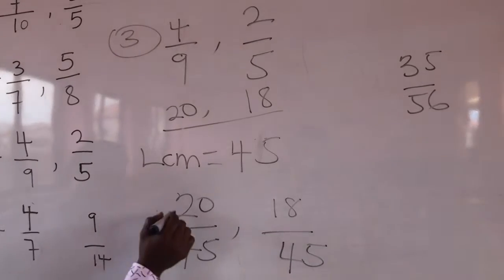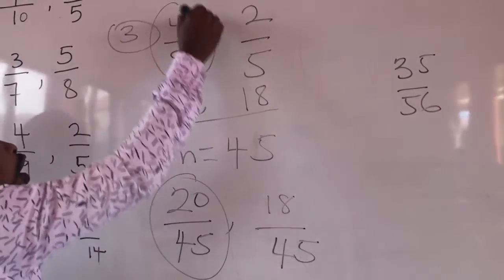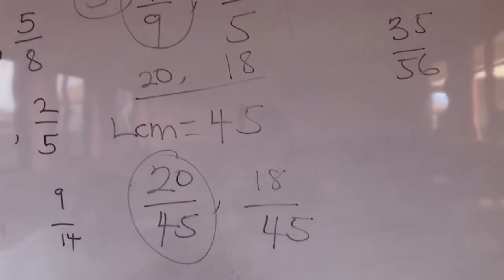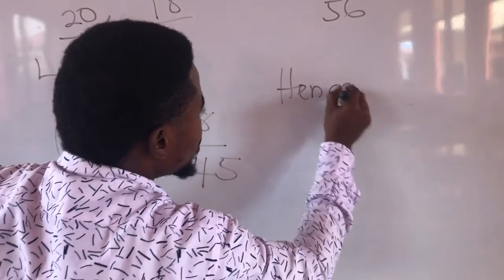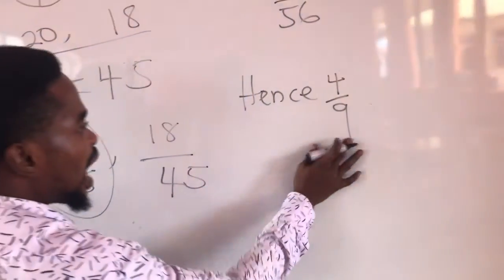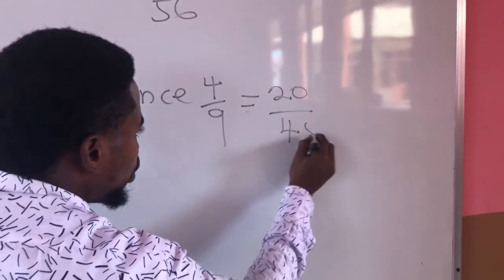Then they are saying that 20 out of 45 is the same as 4 out of 9. So let us prove it in this case. So I write hence 4 out of 9 is the same as 20 out of 45.